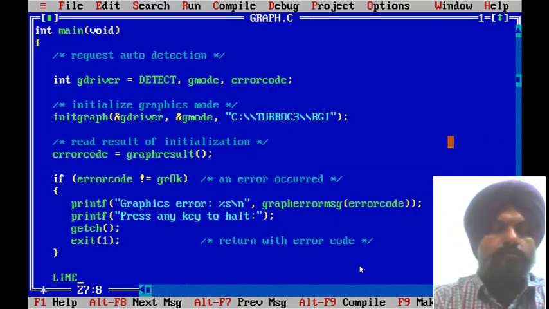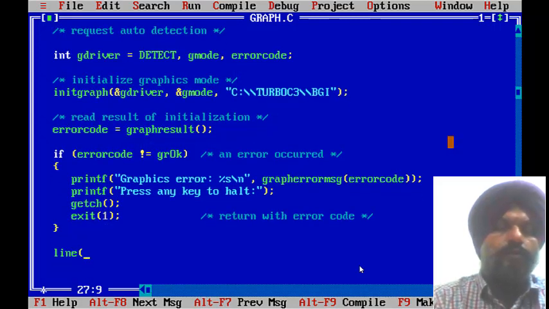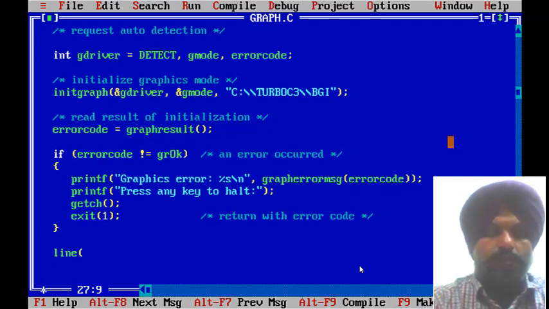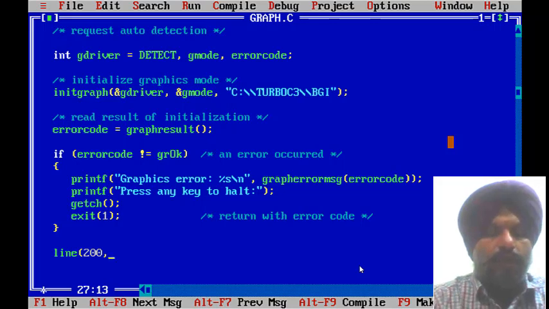Let's take an example. When we start with the line function, I will take some random values: my first point x1 is 200 and y1 is also 200. What about x2? x2 becomes 400, and y2 will be the same.